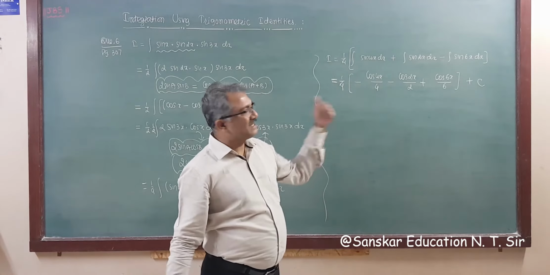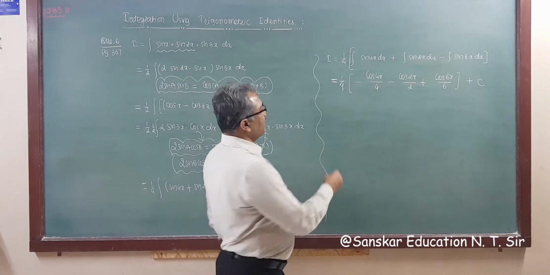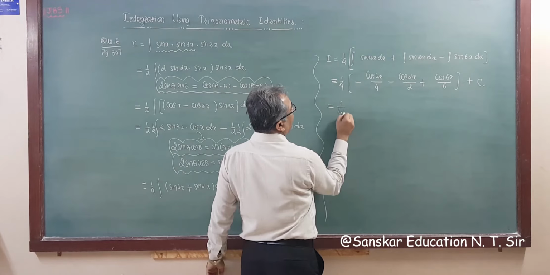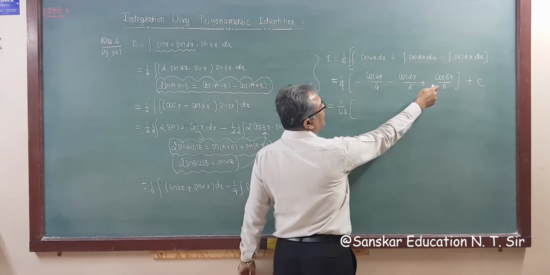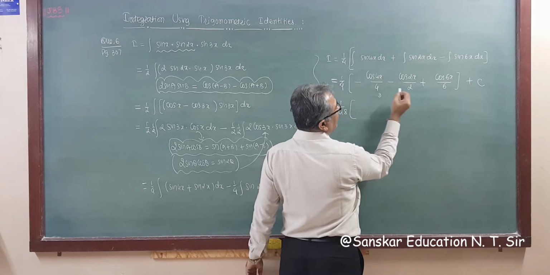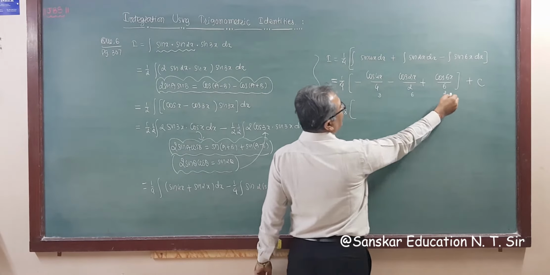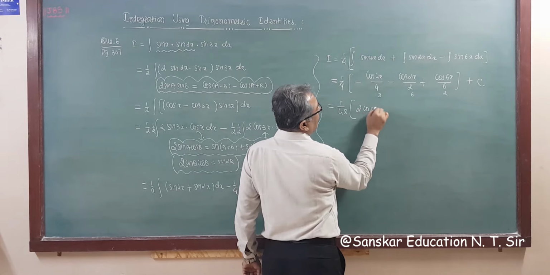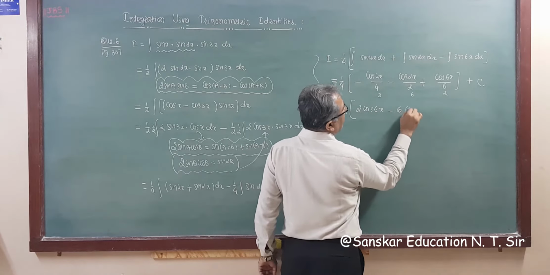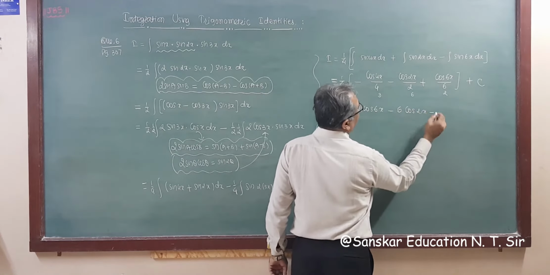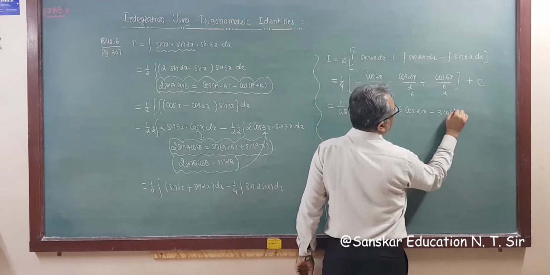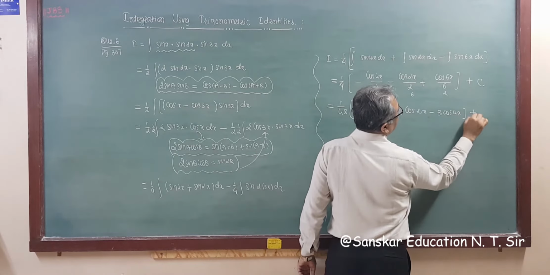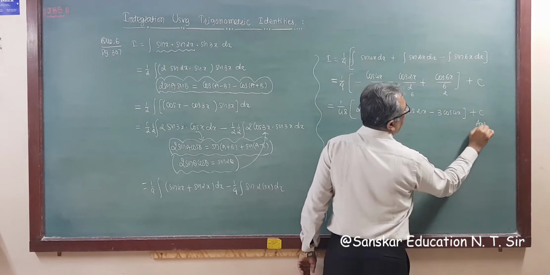Taking 12 as the LCM, the outside becomes 1 upon 48. Writing the first term, 12 LCM means multiply by 3, multiply by 6, multiply by 2, right. So the answer will be 2 times cos 6x minus 6 times cos 2x minus 3 times cos 4x plus c. So this is your answer.